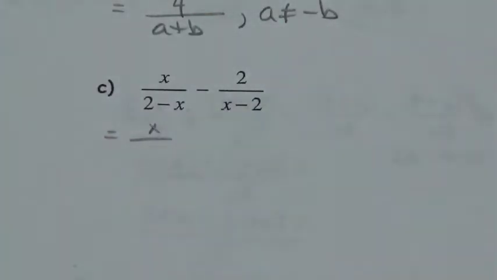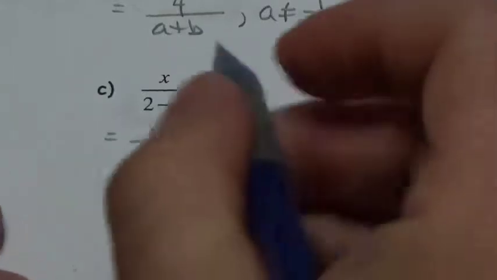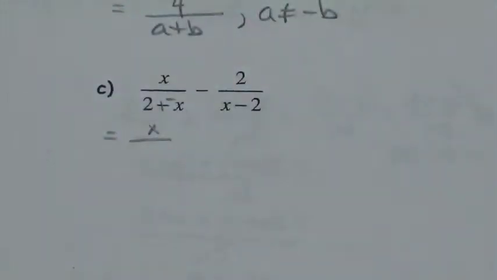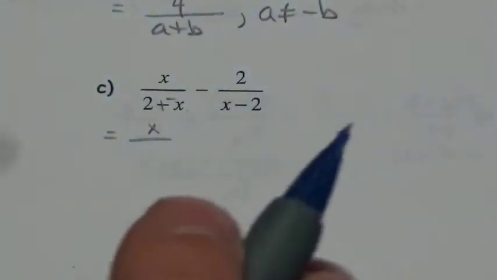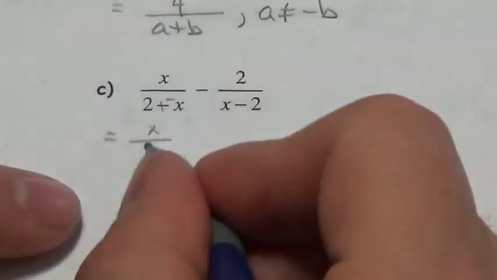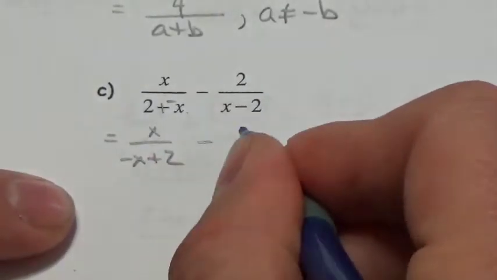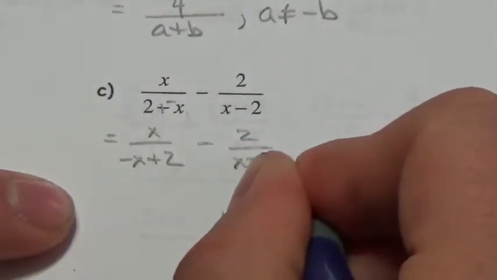It does. But I can rethink subtraction as adding a negative, and order doesn't matter with addition. And that's how I'm going to do this. So I'm kind of going to sneak my way around this. So I'm going to make that negative x plus 2, and then minus 2 over x minus 2.